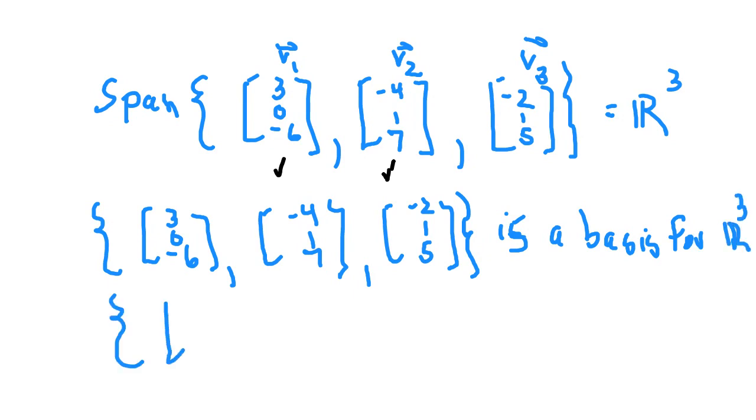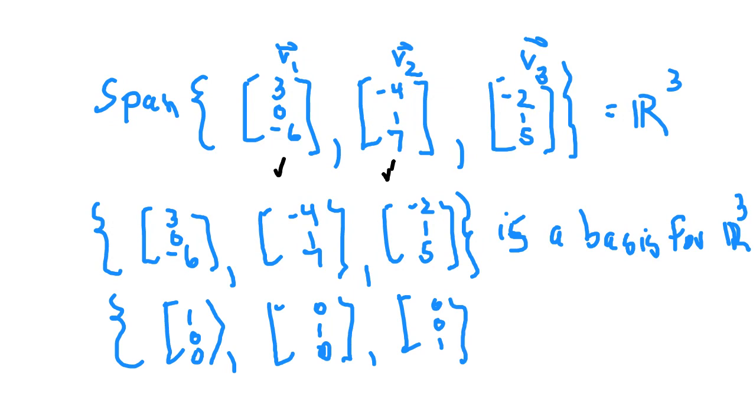Just as the basis 1, 0, 0, 0, 1, 0, and 0, 0, 1 is also a basis for R3. So the key for the basis is the vectors have to be linearly independent, and they have to span the space. Okay, are there any questions on that?